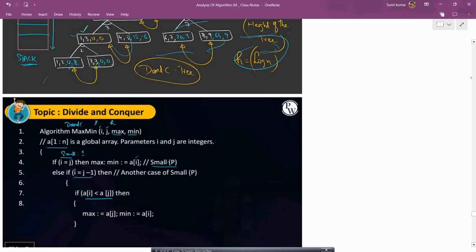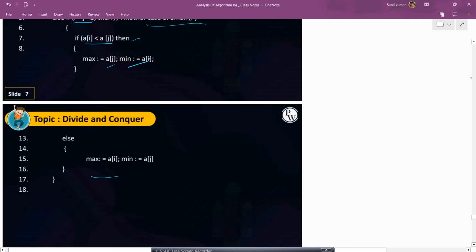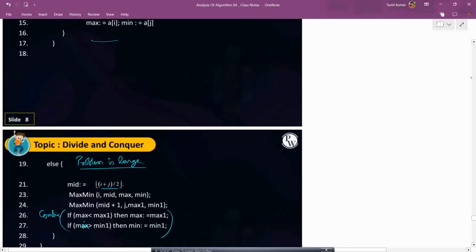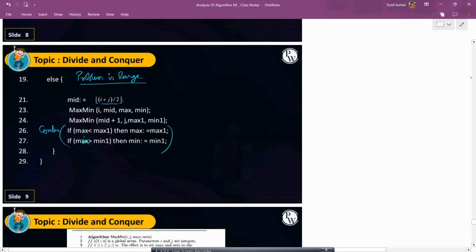Else if i equals j minus 1, compare a[i] and a[j]. Else the divide and conquer starts, calling MaxMin recursively and then combine. If max is less than max1, then max is equal to max1. If min is greater than min1, then min is equal to min1.